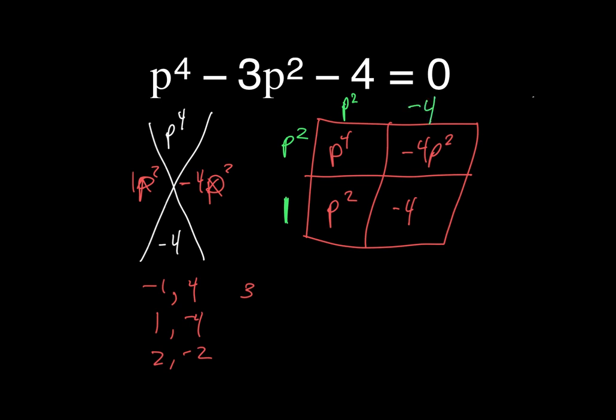Negative 4. And then if I did this right, does negative 4 times negative 1 equal negative 4? Yes. So as I've factored this, it's going to then be p squared minus 4, p squared plus 1 equals 0.